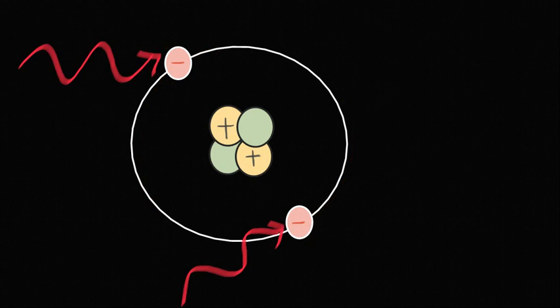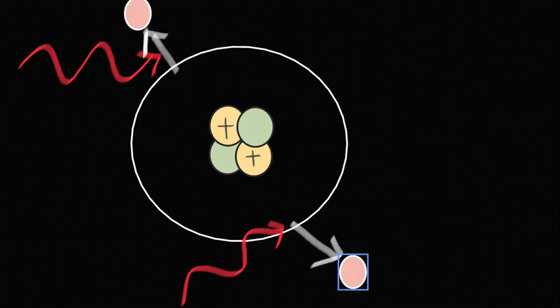Now let us supply some energy to this helium atom in order to strike these electrons off from their orbits. If you supply energy, this electron will be removed from its orbit, and similarly this electron will be removed as well.